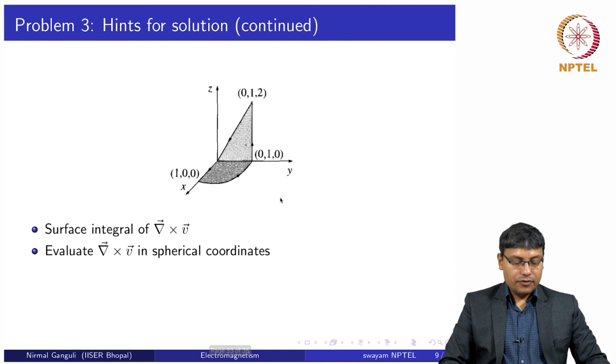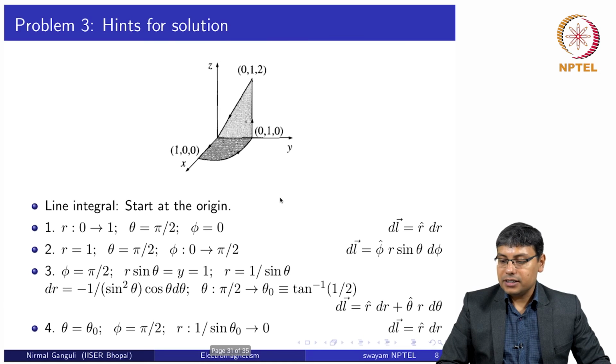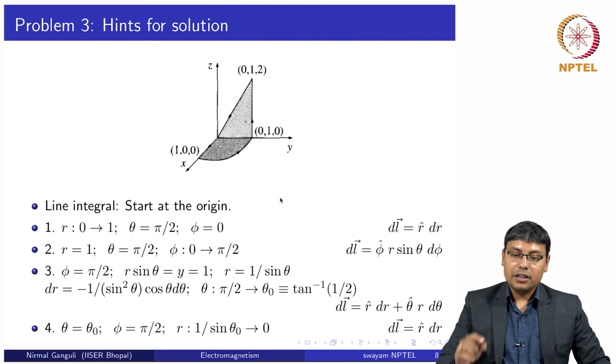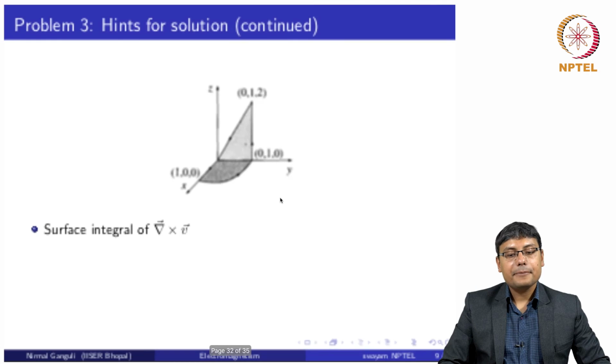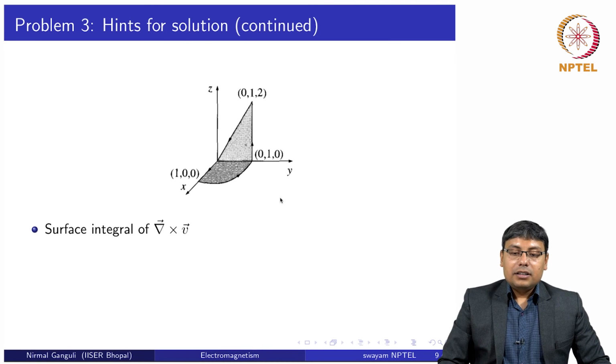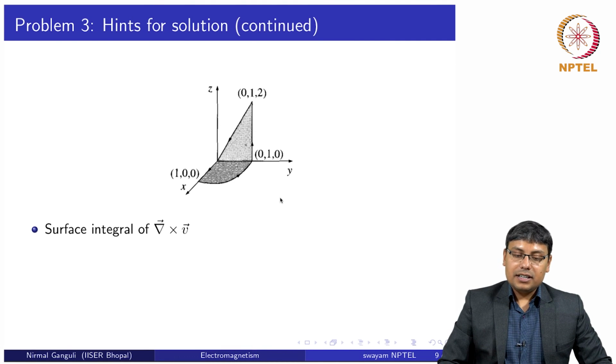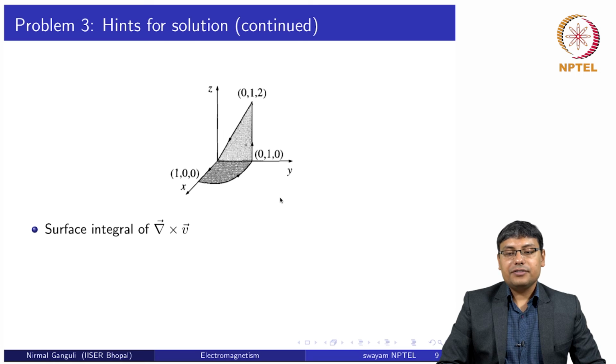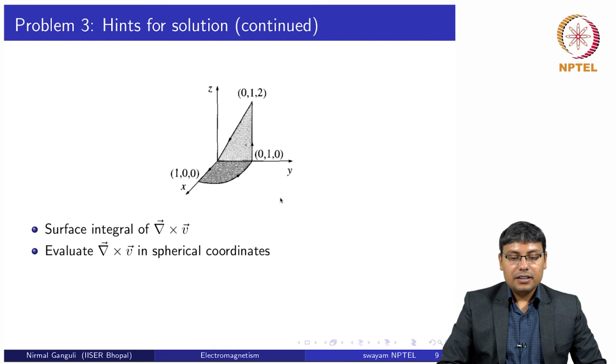And well, we have to find the dl, the line element, that is along r cap direction, and dr. R cap dr is the line element along this slanted line. So please perform this line integral, and then we are supposed to perform the surface integral of the curl of this vector v. So please calculate the curl of this vector.